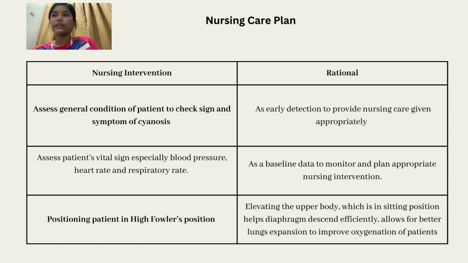This is as a baseline data to monitor and plan appropriate nursing intervention. And then we position patient in high Fowler's position, because elevating the upper body can help the diaphragm to descend and allow lung to expand and improve oxygenation.